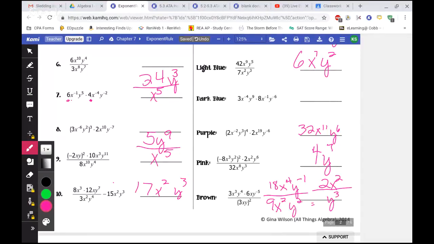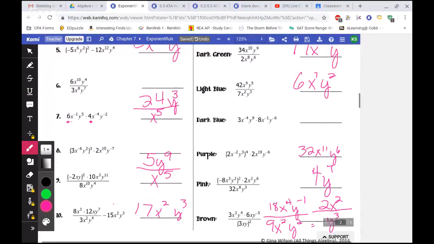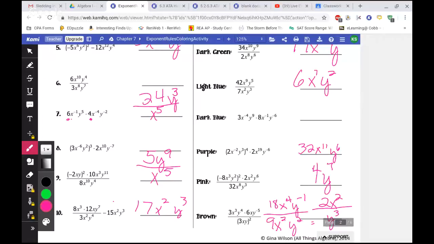Okay, I figured out where I did wrong. I did the problem dark blue wrong. Oh, you added over there too. No, integers are handled the exact same way that they always have been. It's just the exponents that are handled differently. It's the exponents that are added.